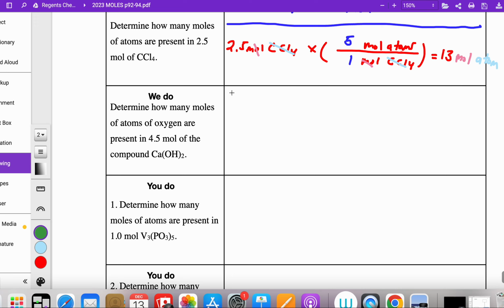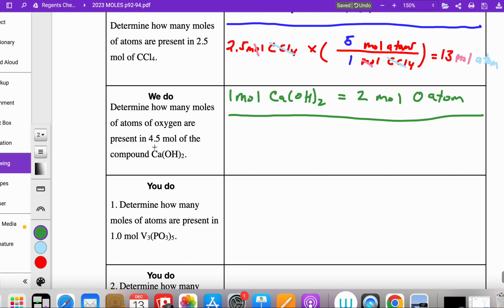Well, in order to make or build 1 mole of calcium hydroxide, that means you have to have 2 moles of oxygen atoms. So there's our relationship right there. But in the lab, instead of having just 1 mole of calcium hydroxide, I have 4.5.